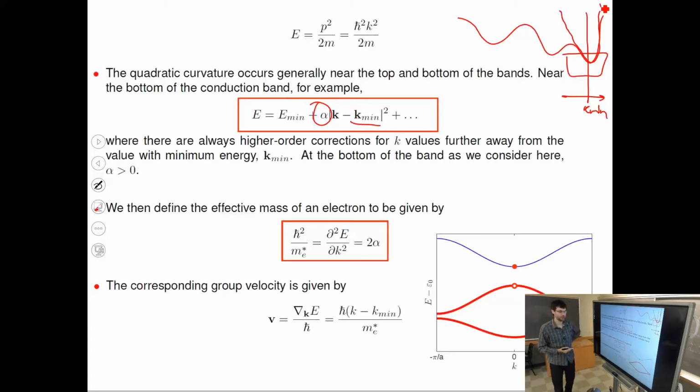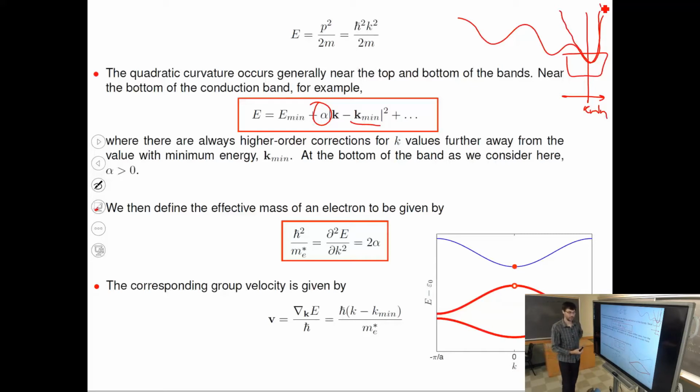And then we can introduce a definition of an effective mass which is generic to any band structure. So effective mass will be related to the second derivative of the band in K, of the dispersion relation. So you can see that if you can expand the bands like this, then the second derivative will be related to this alpha parameter. Take the derivative twice, you will see that h bar squared over m effective is twice alpha.